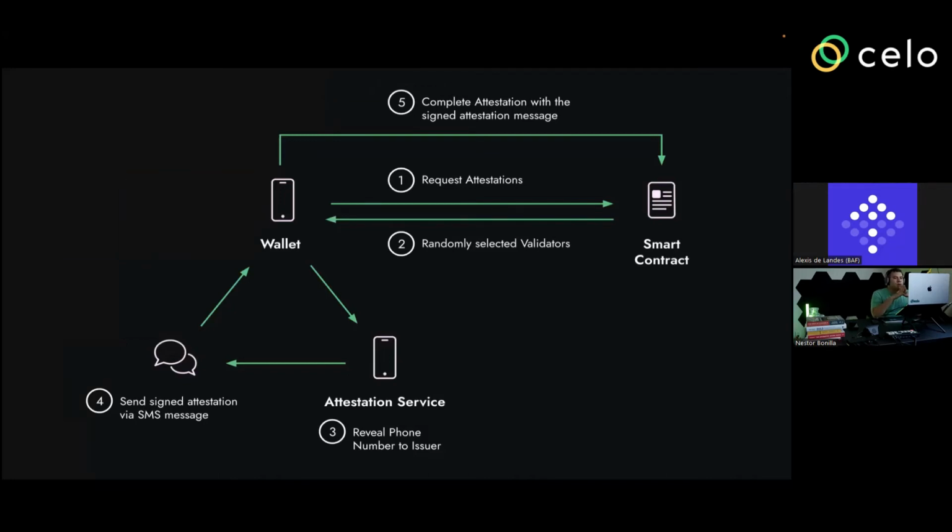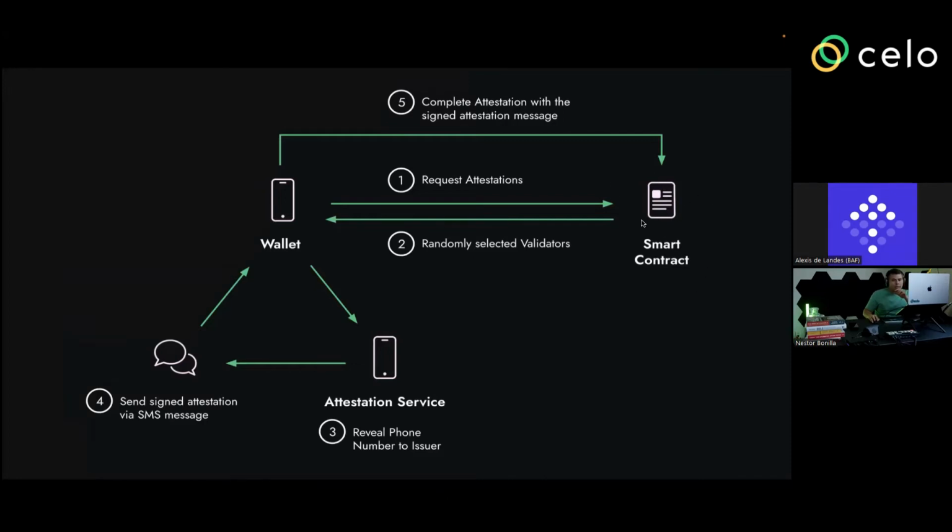All right. Sure. So yeah, I bring this graphic in order to explain how it works. So first, you're going to install, let's say, Valora. This is step one. You have your wallet, Valora. Then in the back, through Valora, you're going to request an attestation through one of the core smart contracts in Celo.